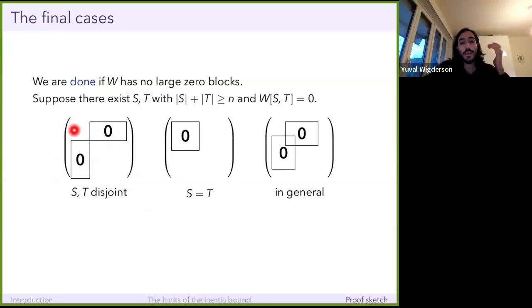Each of these is the weighted adjacency matrix of some smaller C4-free graph. So by induction, we can assume that 23% of these eigenvalues are non-negative, and 23% of these eigenvalues are non-negative. So in total, 23% of the eigenvalues of the whole matrix are non-negative. So if it looks like this, we're just done automatically. Everyone okay with that?